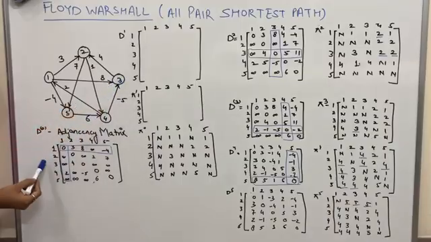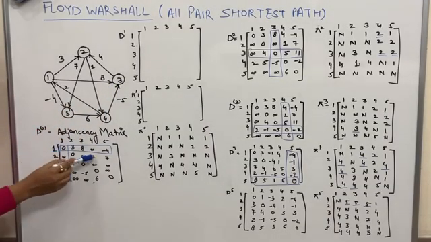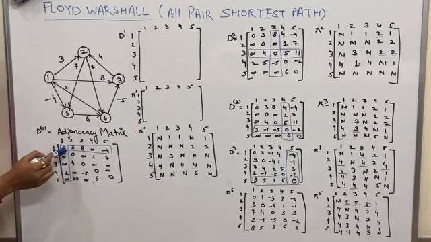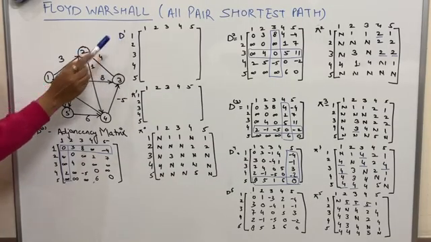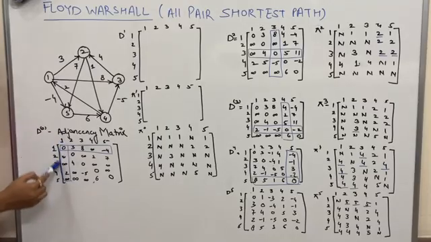Now D1, what are we going to do? We have to select the first row and first column in the just previously updated matrix. For D1, we have to take D0, in which we select the first row and first column, because we are finding the value of distance matrix 1. Now just copy this row and column in distance matrix 1.